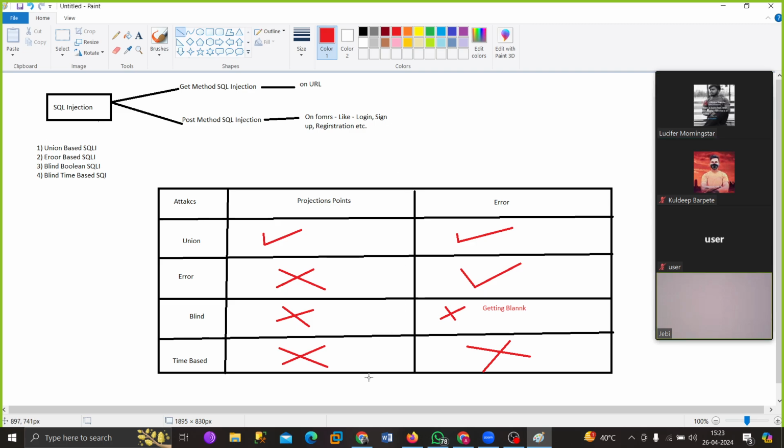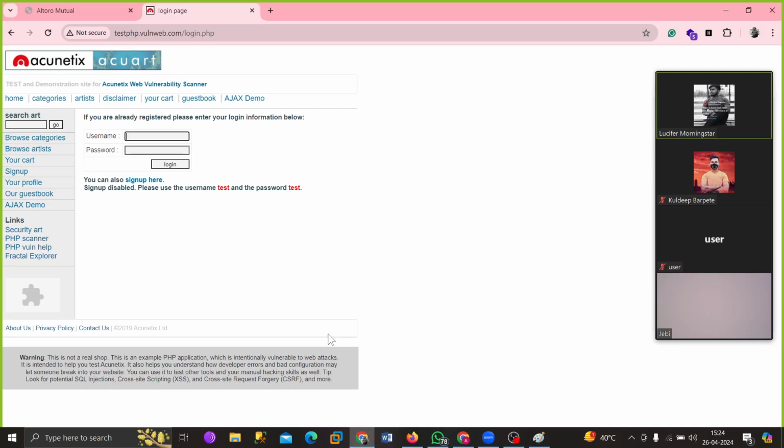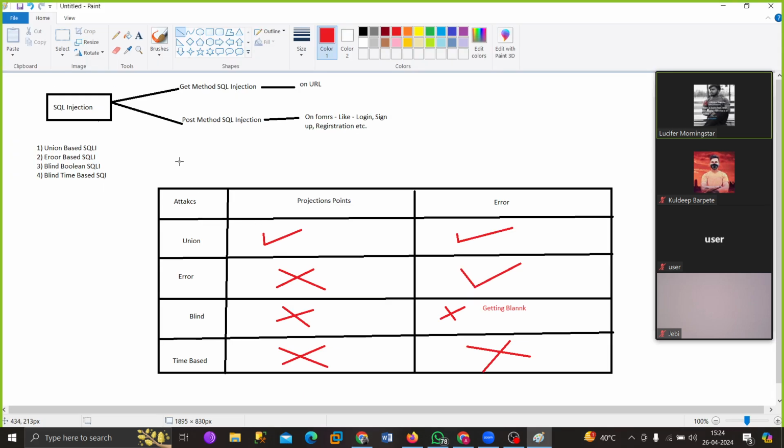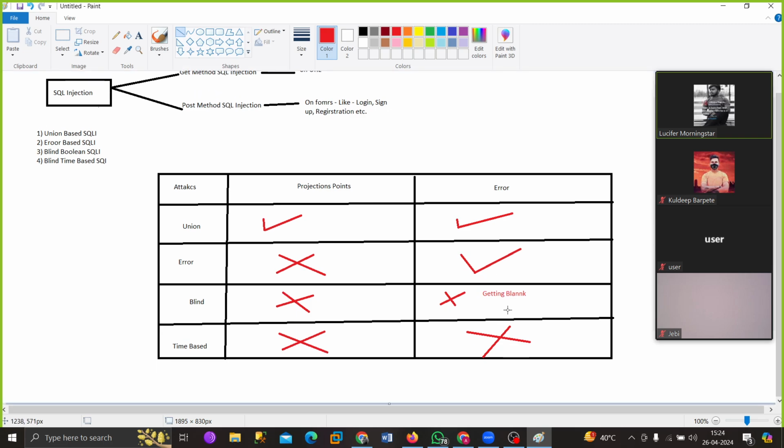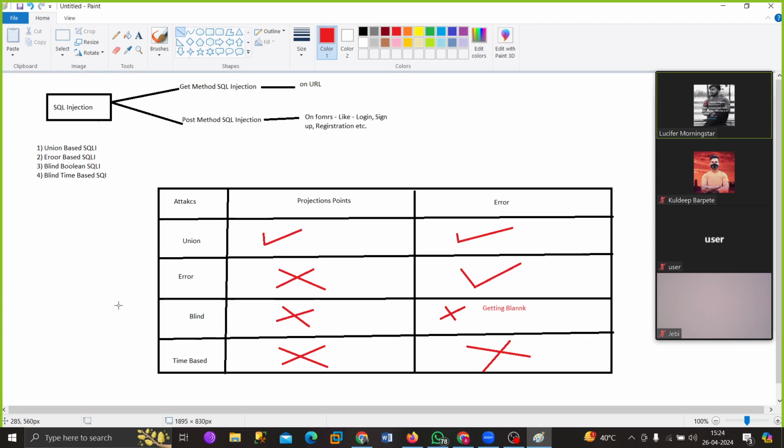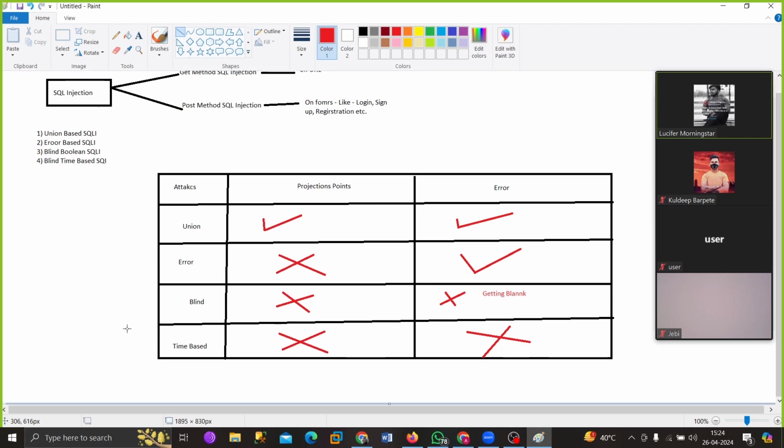So let's go ahead. Moreover, there is this SQL injection method that we talk about, which is the GET method and POST method, right? But there are a few more actually.